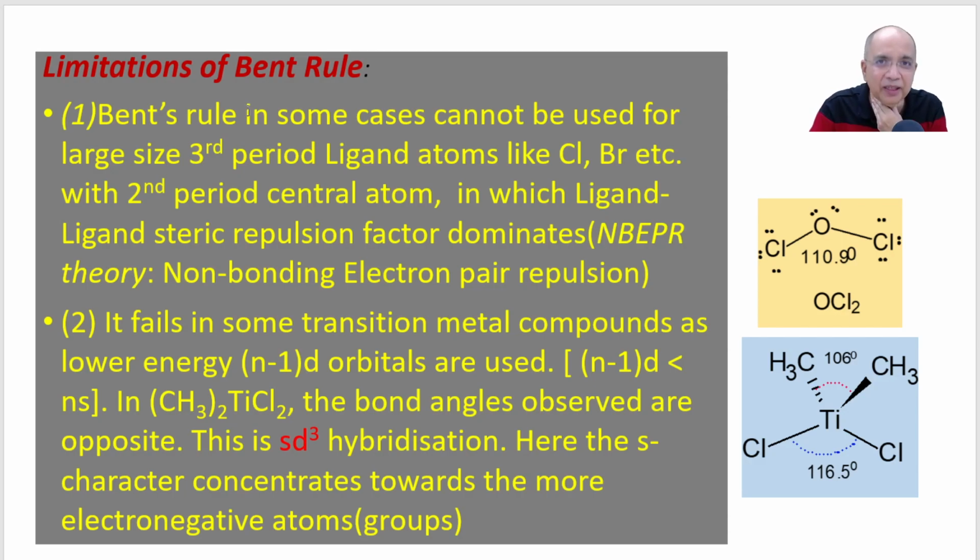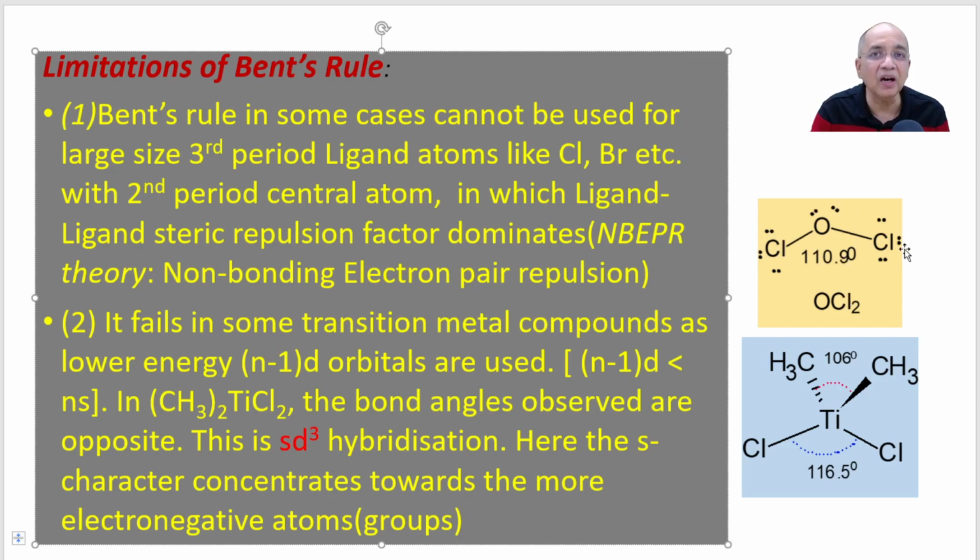Now, there is a limitation. Bent's rule cannot be used everywhere. There are limitations. For example, when there is a prominent NBP-EPR, when the central atom is a small, second period element, and the peripheral atom is a third period element, bulky, there is a steric repulsion between the electron clouds in space.